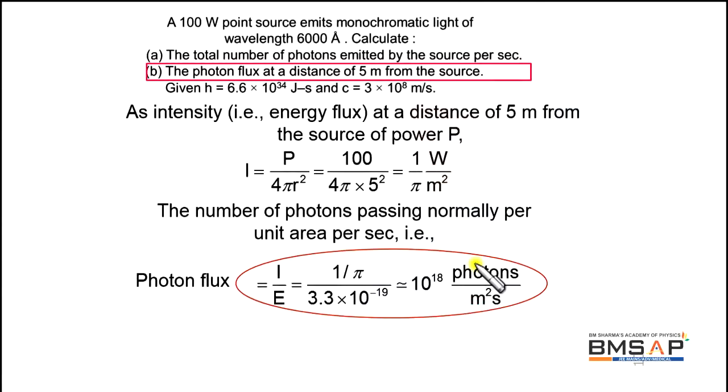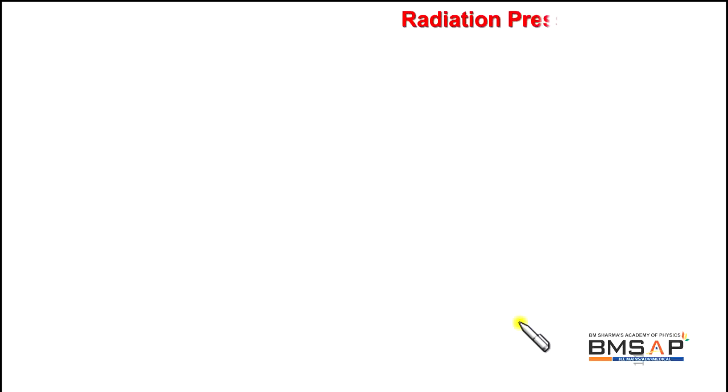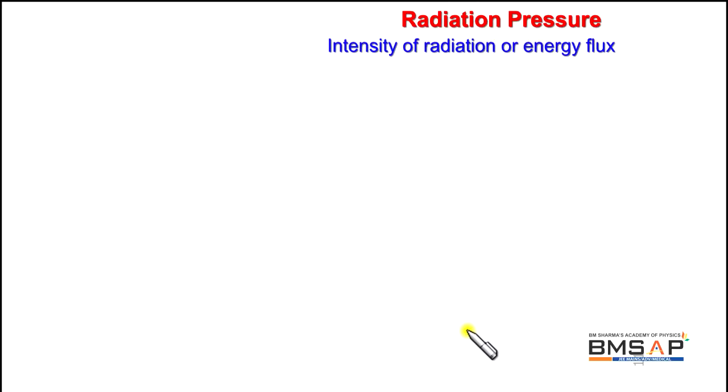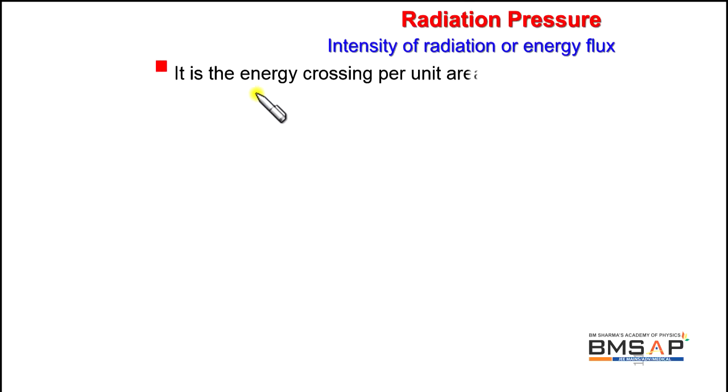Up to this point we learned about photons. Let us now discuss radiation pressure. While calculating the radiation pressure, one term is very common, that is the energy flux and intensity of the radiation. So let us first discuss the intensity of the radiation, that is, what is the meaning of intensity of radiation. Intensity of the radiation is the energy crossing unit area per unit time, right. This is the intensity of the radiation.